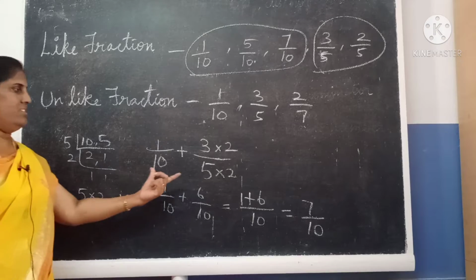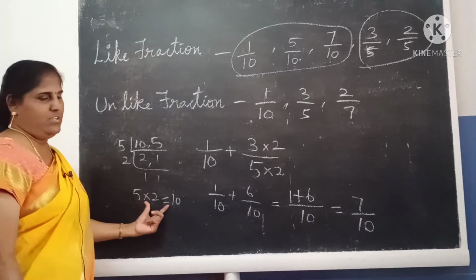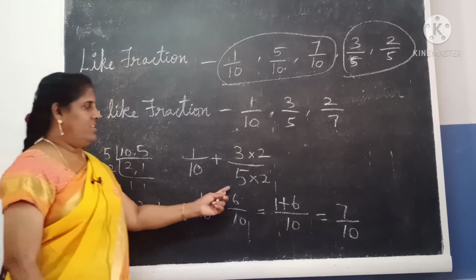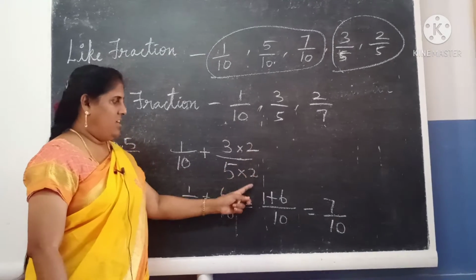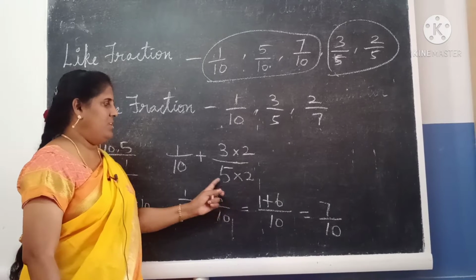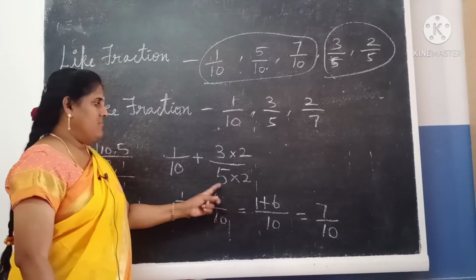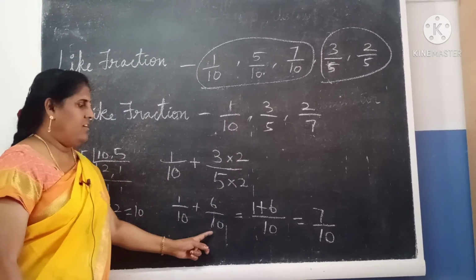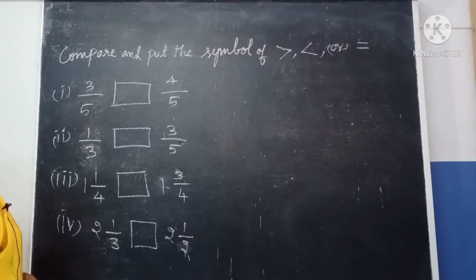Just take the denominators and find out the LCM for the two numbers. Then change the one which is not like, using an equivalent fraction. Through the equivalent fraction, you find the equivalent fraction for the number, and then you add the numerators. That is the answer.